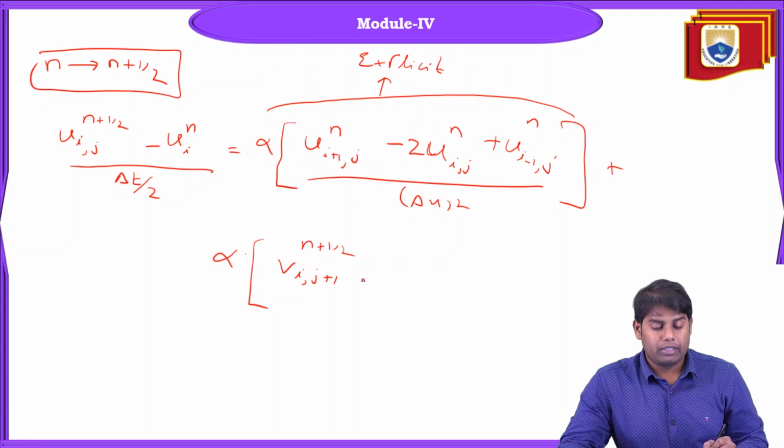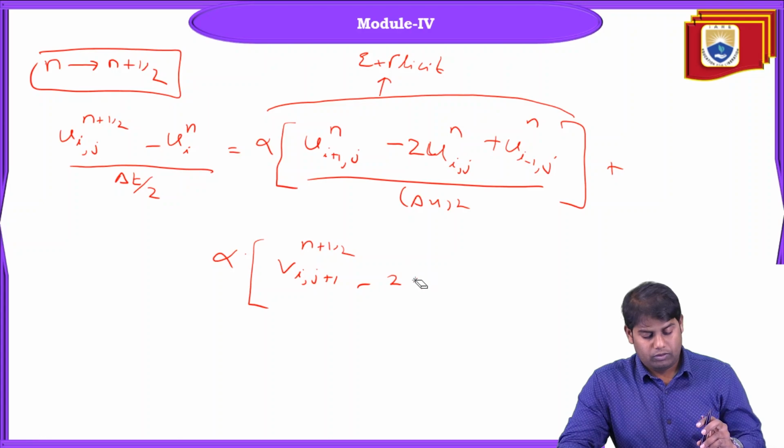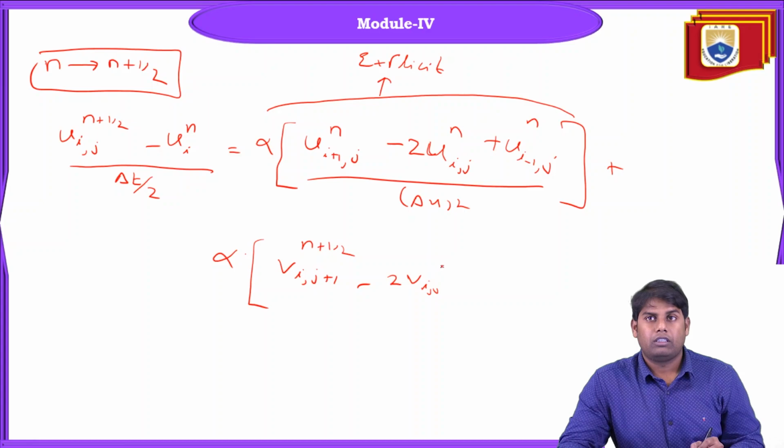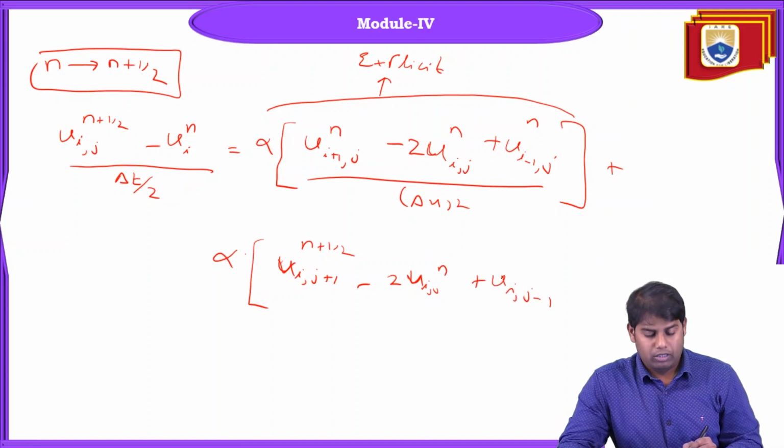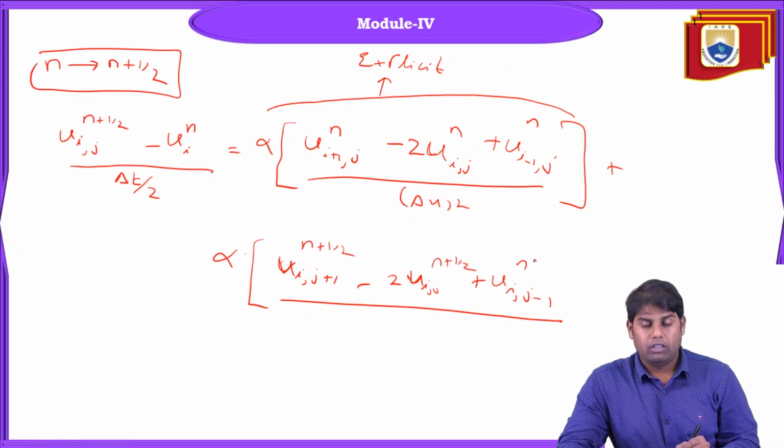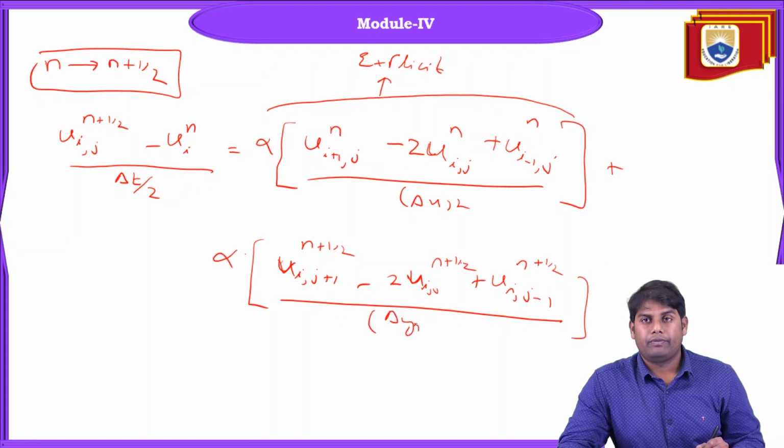This is implicit, minus 2u of i comma j to the power of n plus half, plus u of i comma j minus 1 to the power of n plus half, divided by delta y square.